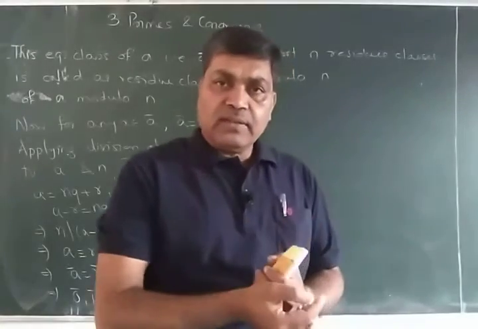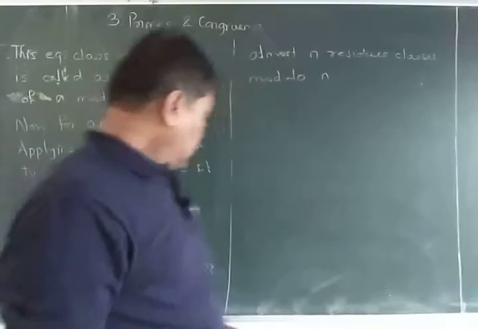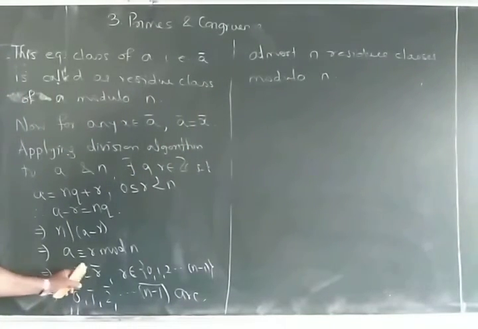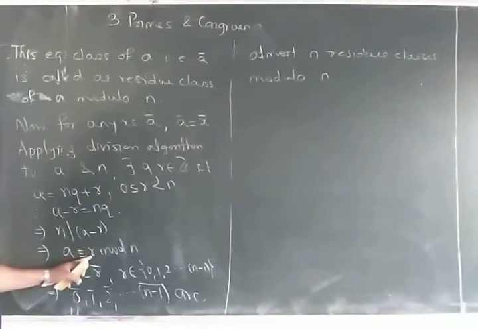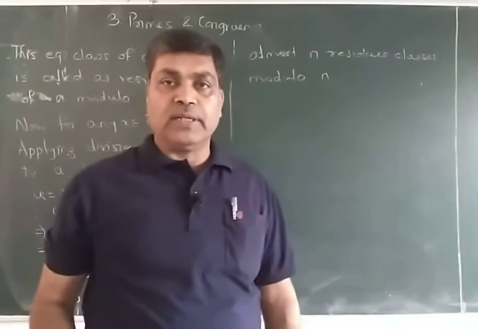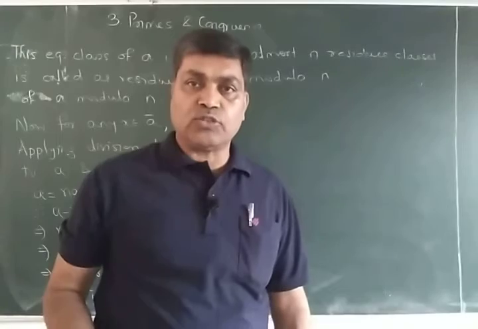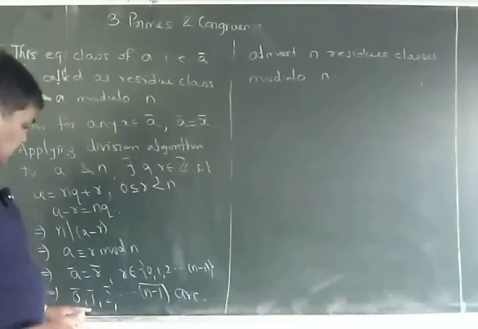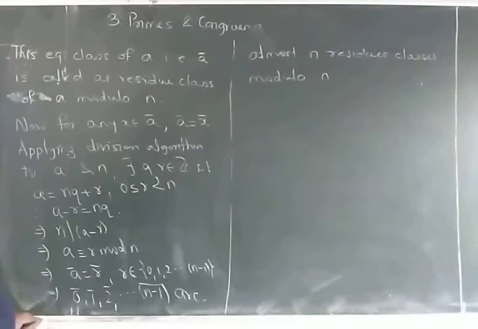If r is equal to n, then n bar is 0 bar, because n lies in the equivalence class of 0 bar. Is it clear? So there are at most n residue classes modulo n.